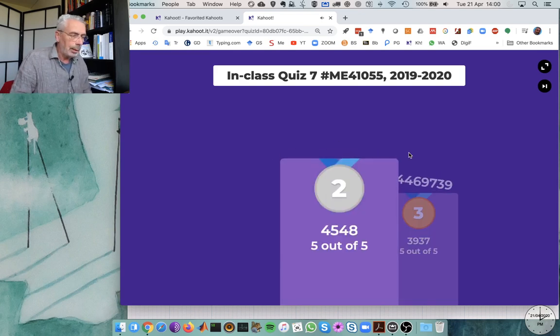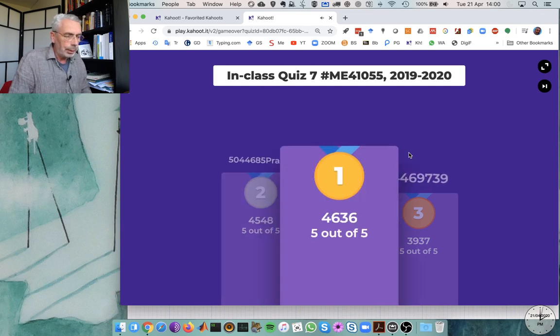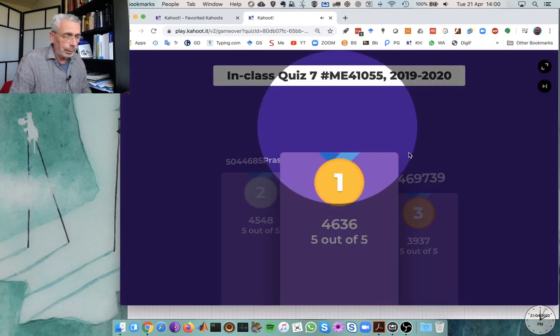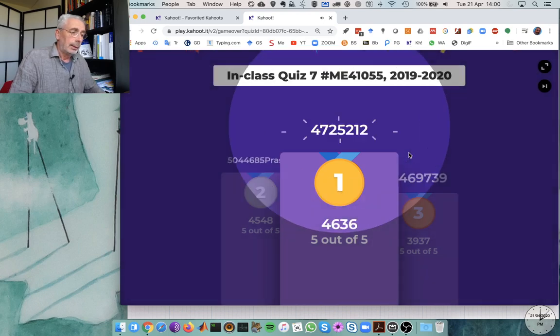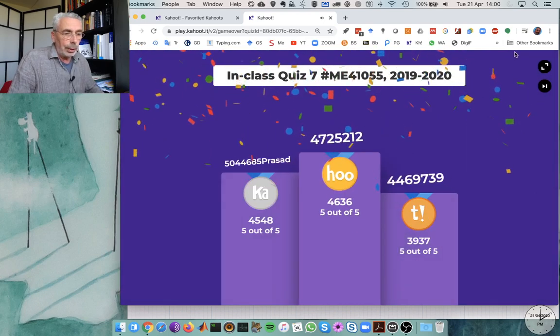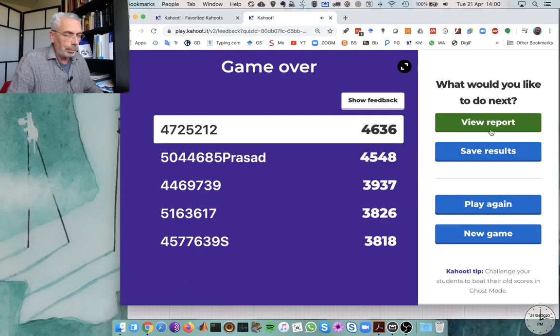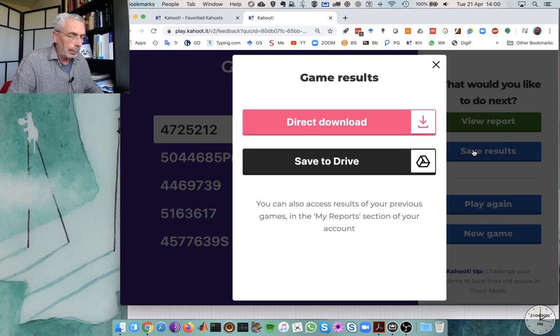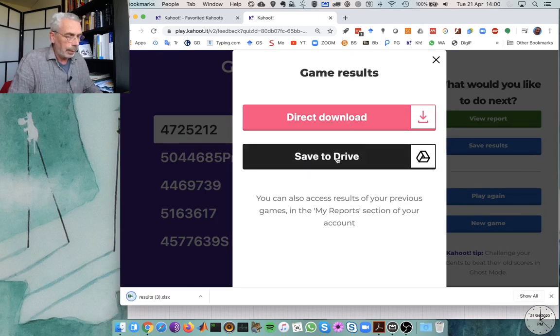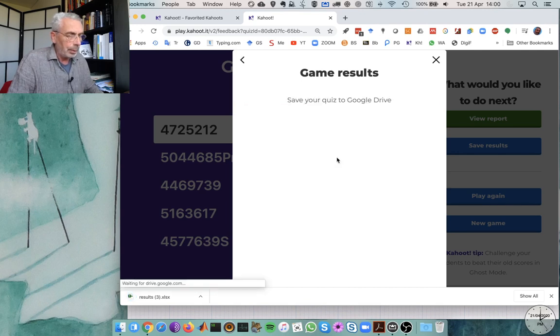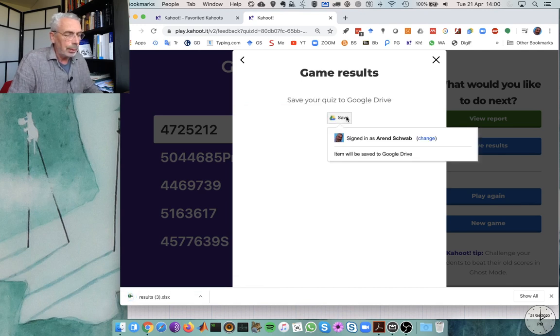Okay, so that finishes the quiz with the podium student IDs. I have no clue who they are. Prasad, second, and number first is... Okay, congratulations. I don't know who that is. Please give me some feedback. I always welcome feedback. Let's download the results, and let's be sure that I save that also in my drive.